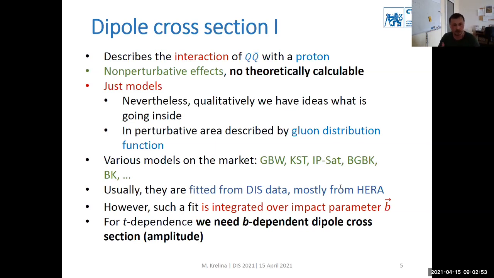But most of these models are fit based on DIS data, specifically on parton distribution functions. So it's not a proper way, because in that case your dipole cross section is integrated over impact parameter b. So you don't have any information that you need for calculation of the t dependence.